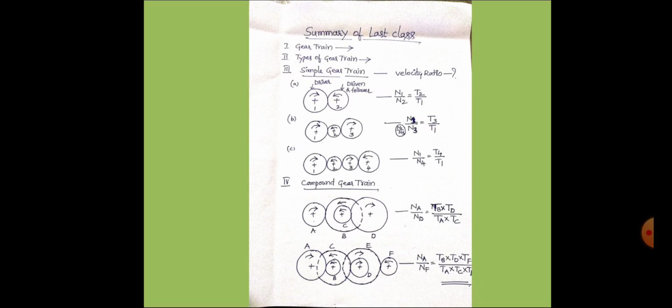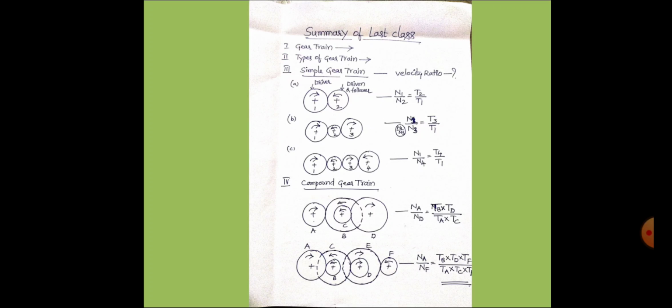In this, F is said to be the last driven and A is said to be the first driver. So now in this gear train, the velocity ratio is simple: always first and last, that is speed of the first driver, NA, by speed of the last driven, NF, is the velocity ratio. That is equal to what? Product of number of teeth on the driven gears.